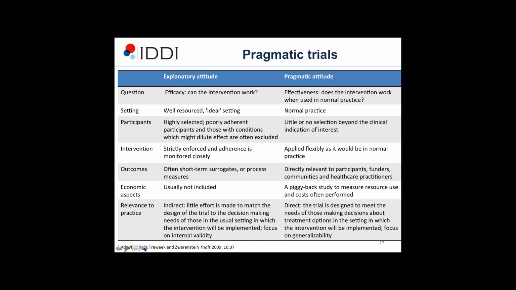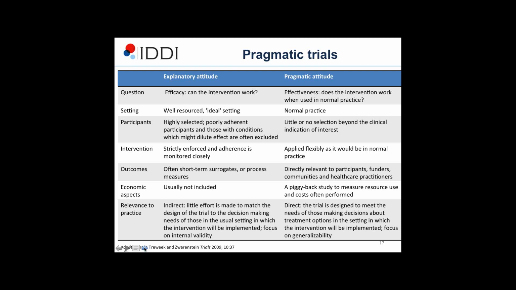And there is more a continuum between explanatory and pragmatic trials, with the pragmatic attitude favoring the design choices that maximize the applicability of the trial's results to the usual care setting and to inform decisions for the health services or health policy where there is a choice to make between two or more alternatives.